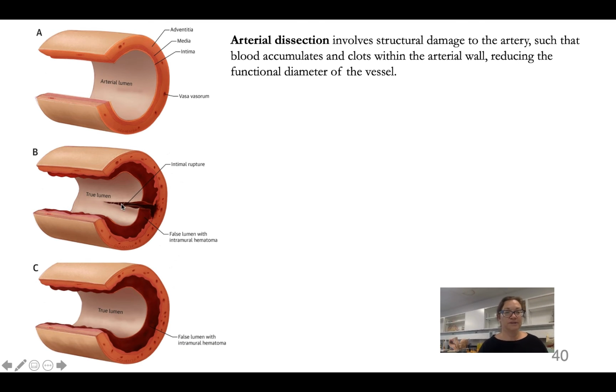And so here what's happening is there's a tear in the lumen, an intimal rupture in the tunica intima, and that allows blood to leak into the arterial wall. If it progresses sufficiently, if there's enough bleeding into the artery, it can occlude that artery completely, or it can narrow the functional diameter of the artery. And that's what's shown here.